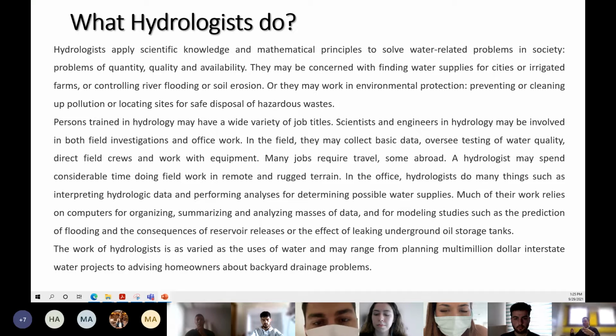The coast or the beach of the Mediterranean Sea decreases, the size of the beach decreases because there is no sediment input to the sea. Is it understandable to you? So these are all topics that hydrologists should think about and solve.